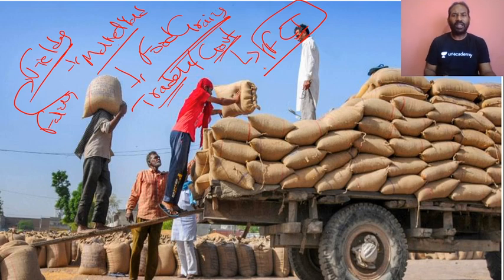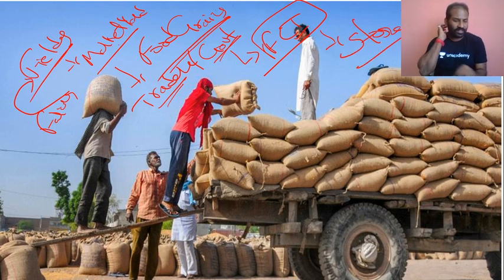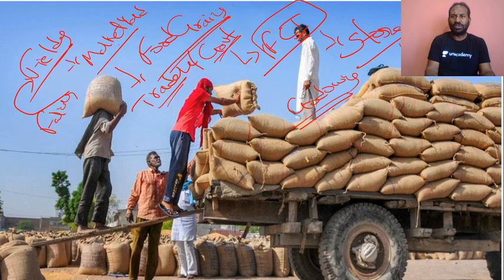That means it gets into the Food Corporation of India, and then it is stored. So definitely there is a good amount of food grains, close to 55-60 million tons, which are with the government of India, lying in the hands of the Food Corporation of India, in different godowns. Fine. So that means we are storing the food grains.